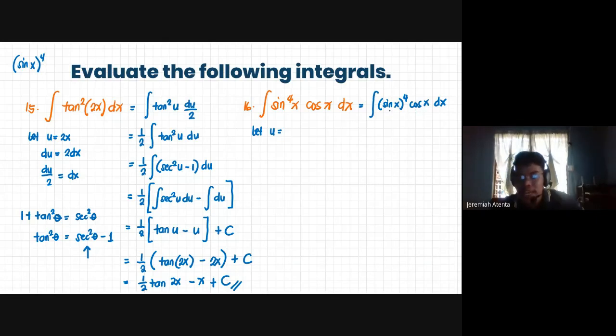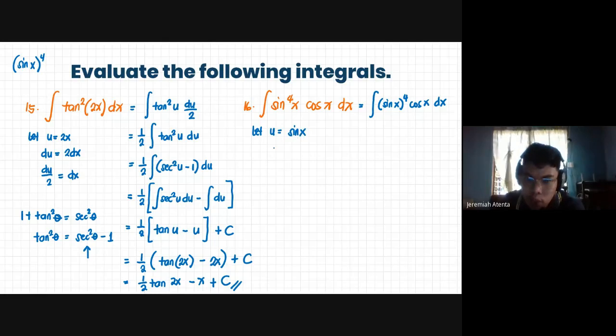But take note, sine x here is raised to the power of 4. So therefore, we will have difficulty if cosine is our u. The other option is sine x, because if it is sine x, you will have cosine x dx, which is already here. It's easier. So we will let u be equal to sine x.